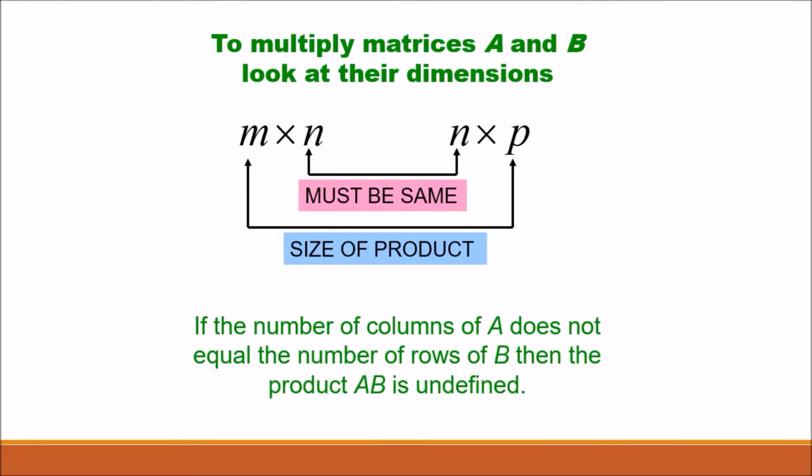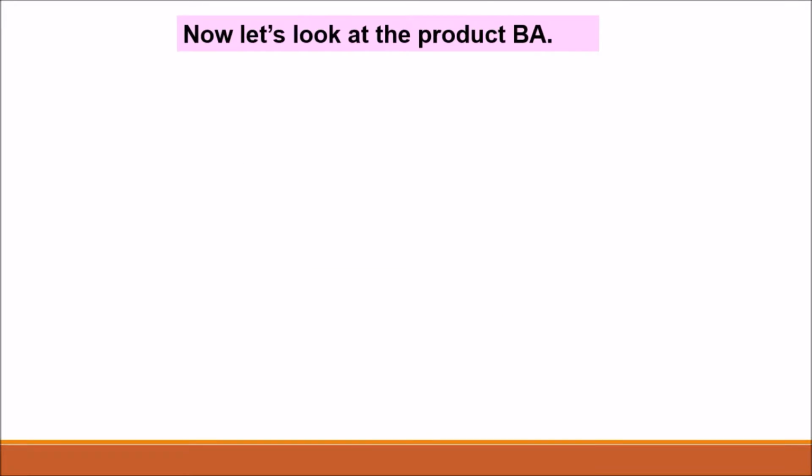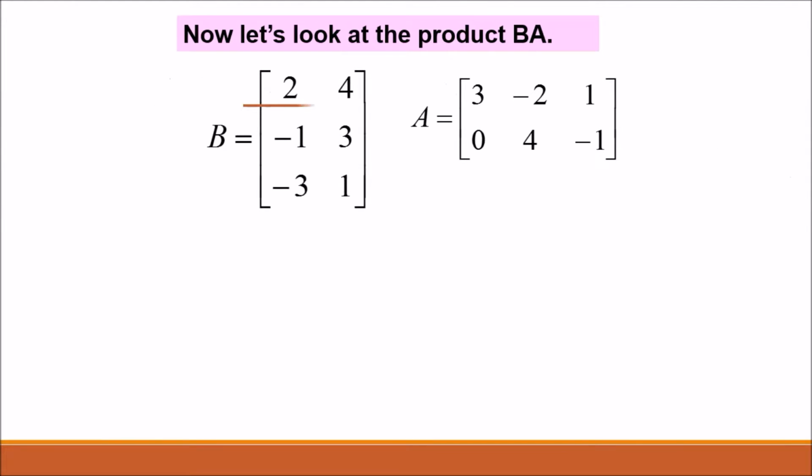So now we can say if the number of columns of A does not equal the number of rows of B, then the product AB cannot be found. Now let's look at the product BA. Here, matrix B has dimensions 3 by 2, and matrix A has dimensions 2 by 3. So first of all, can we find their product?